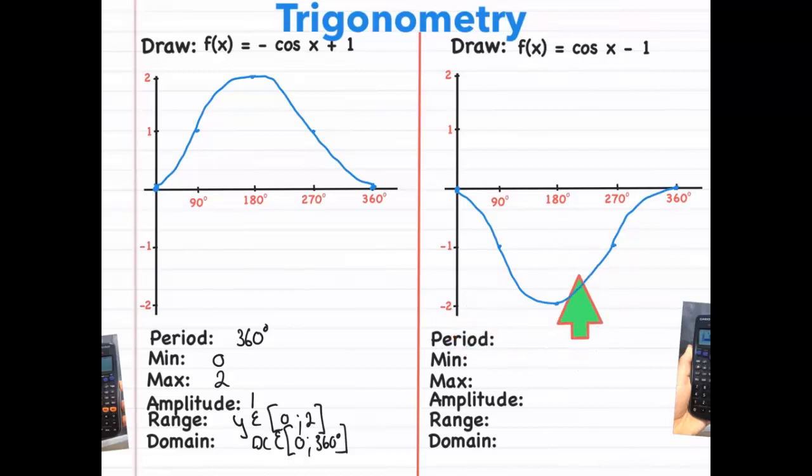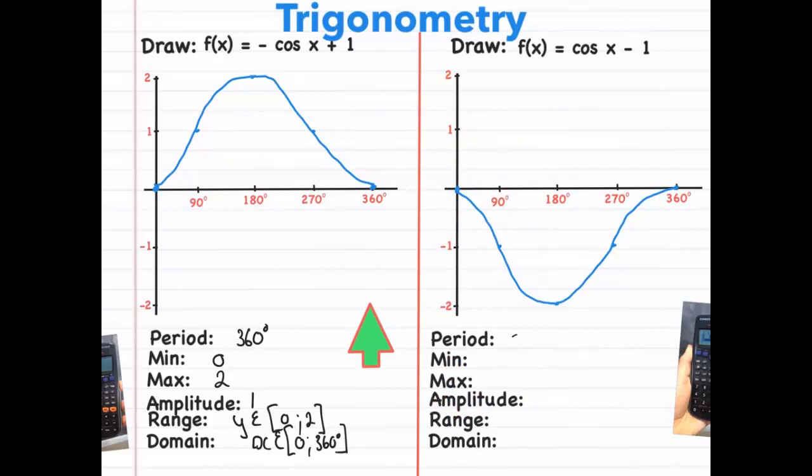Maybe not the prettiest one, but yeah, it's got the correct type of shape for a cosine function, and it also moved 1 unit down. We know that because look at the amplitude, it's a 1, and we were supposed to start at 1. Why didn't we? Because we moved the entire graph 1 place down. Got it?